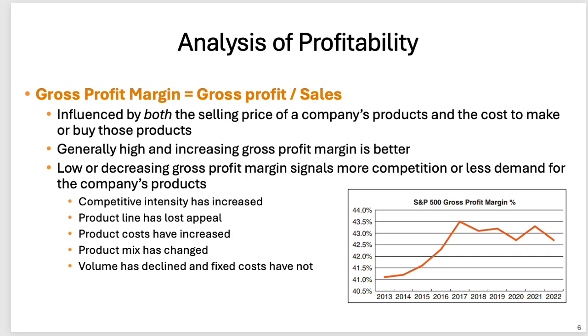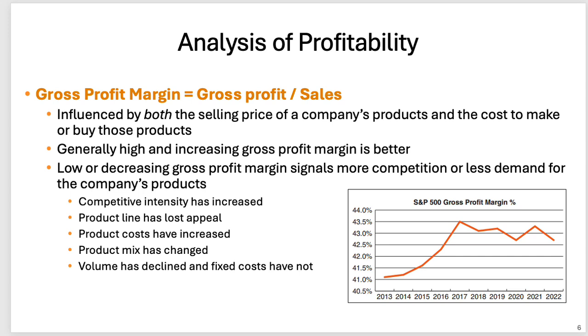So when we stick to the profitability side, here's one thing that we might be able to adjust or influence. Both the selling price of a company's products and the cost to make or to purchase the raw inputs for those products will affect gross profit.